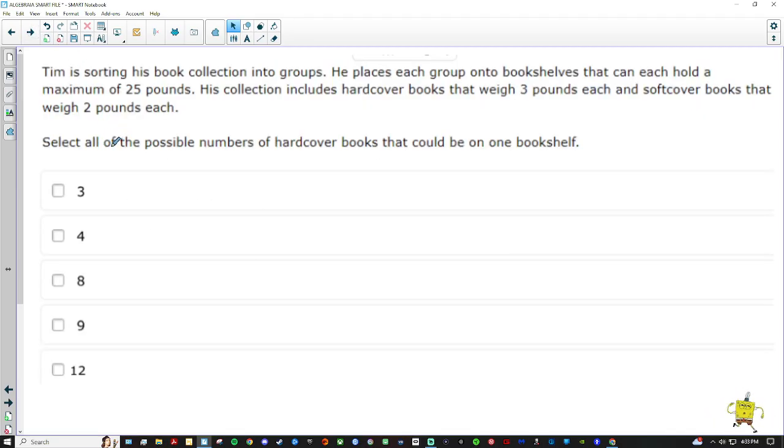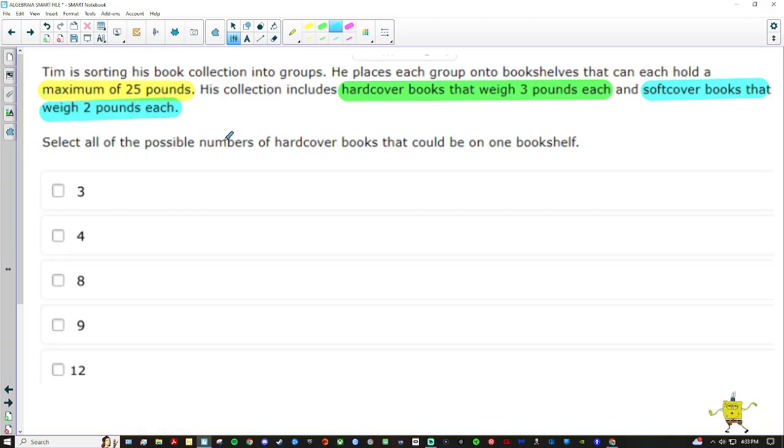Okay. Tim is sorting his book collection into groups. He places each group onto bookshelves that can each hold a maximum of 25 pounds. His collection includes hardcover books that weigh 3 pounds each and softcover books that weigh 2 pounds each. Select all the possible numbers of hardcover books that could be on one bookshelf.